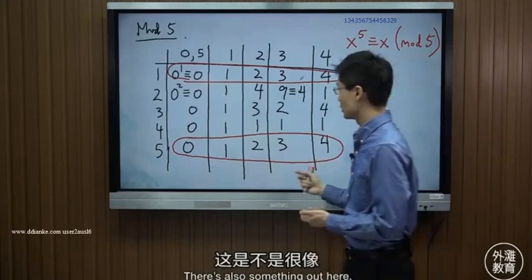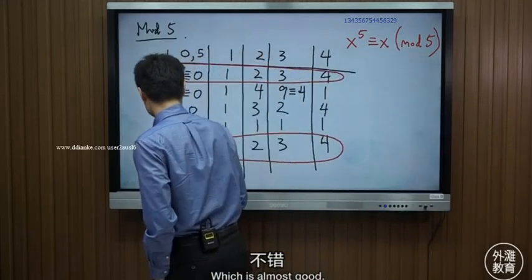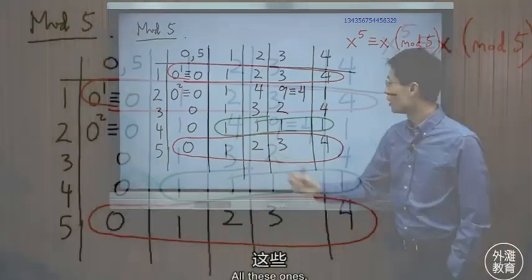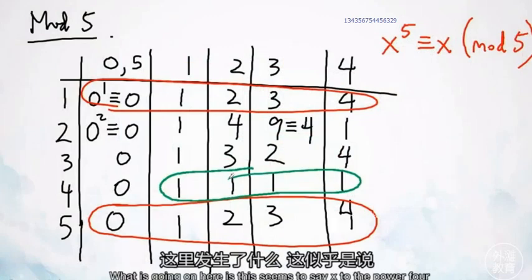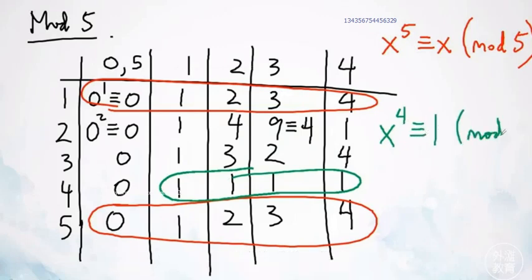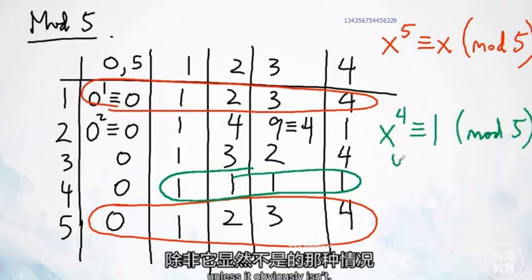There's also something else here, which is almost good. All these ones. What is going on here is this seems to say x to the power 4 is congruent to 1 mod 5, unless it obviously isn't.